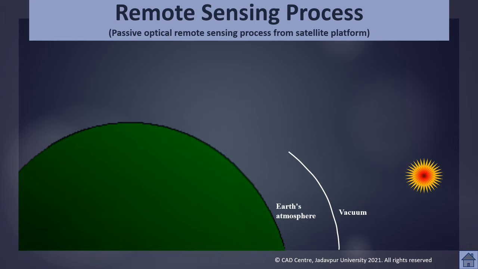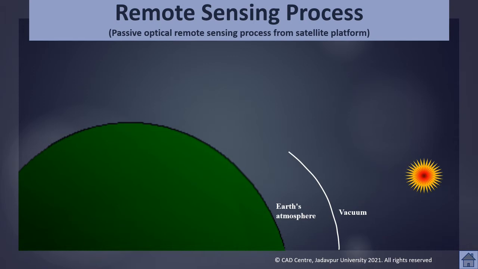Remote sensing can also be performed based on artificial energy, but currently we are discussing passive remote sensing, that is, the natural source of energy. And as we have discussed earlier, the natural source of energy is the sun.